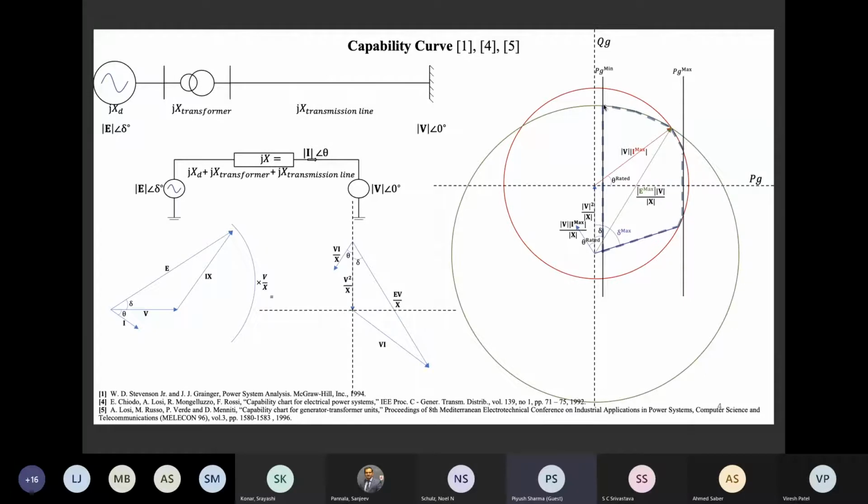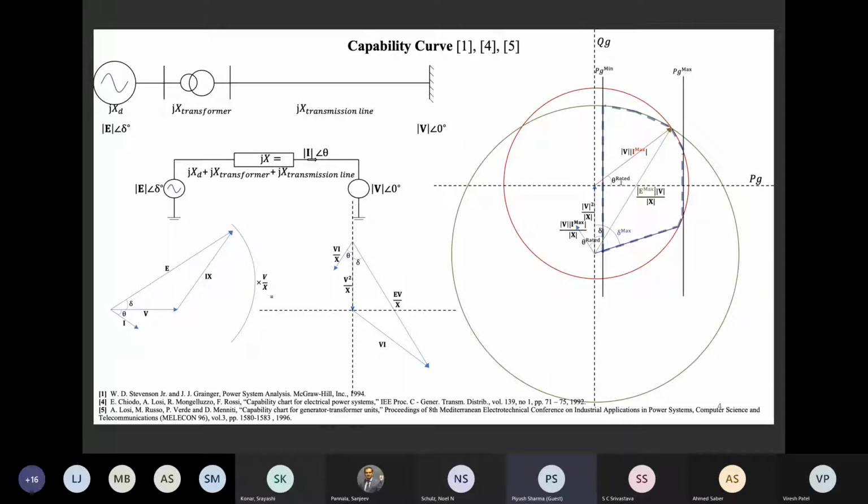Now, instead of performing this exercise, drawing the single line diagram, vector diagram, and then superimposing the limits, what we can do is let us solve an optimization problem where we maximize Sg, the complex power generated by the synchronous machine, for a fixed value of theta rated, subject to equality constraints, which are nothing but the power flow equations, the power balance equation, sorry, for the synchronous machine, which is another representation of these vector diagrams, and inequality constraints of the form E less than equal to E maximum, I less than equal to I maximum, delta less than equal to delta maximum, and all the other limits.